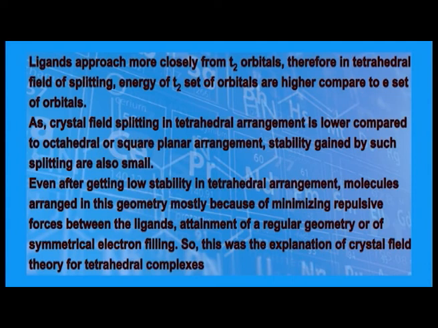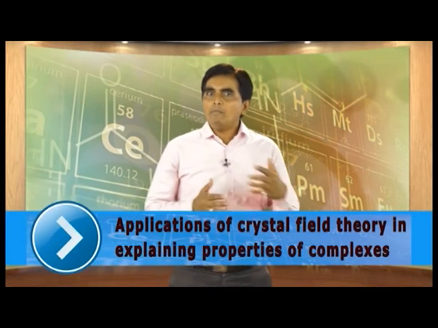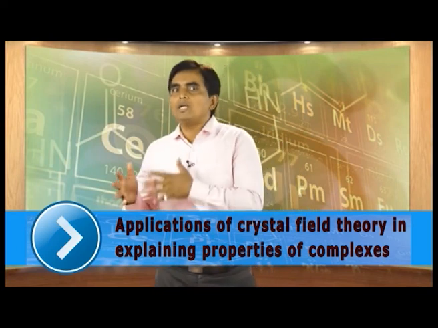Even after getting low stability in tetrahedral arrangement, molecules are arranged in this geometry mostly because of minimizing repulsion forces between the ligands, attainment of a regular geometry or of symmetrical electron filling. So, this was the explanation of crystal field theory for tetrahedral complexes. In the next lecture, we will learn about applications of crystal field theory in explaining properties of complexes.